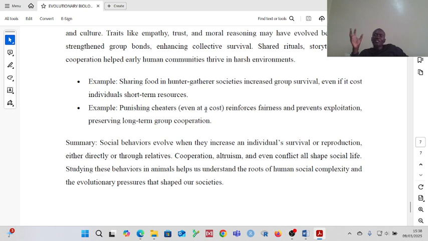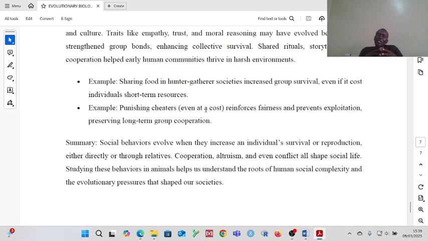So long as the survival of an organism as an individual or its relatives, and the reproduction of that organism as an individual or the propagation of the shared genes, if any behavior is aiding that, is helping to increase that, then that behavior is likely to be kept within that particular group of organisms.